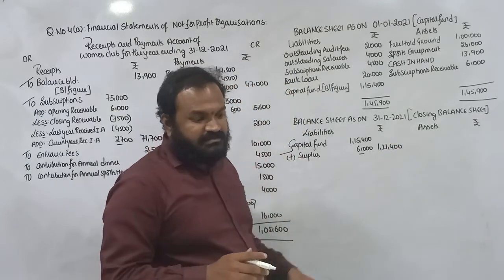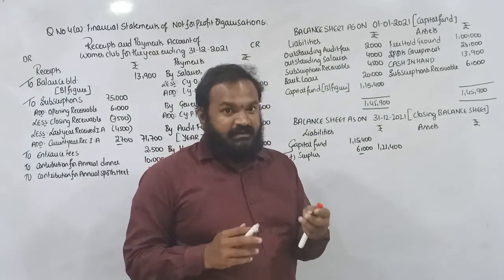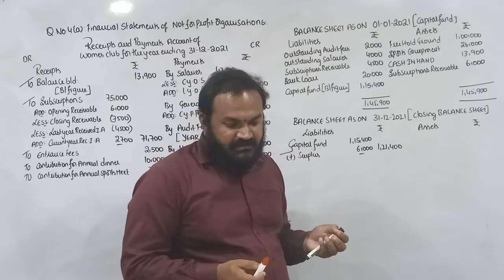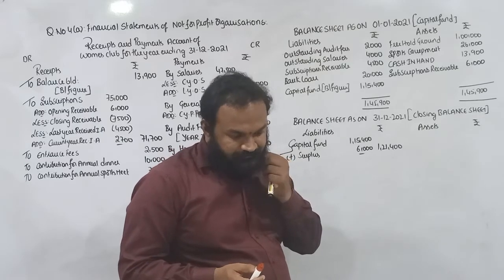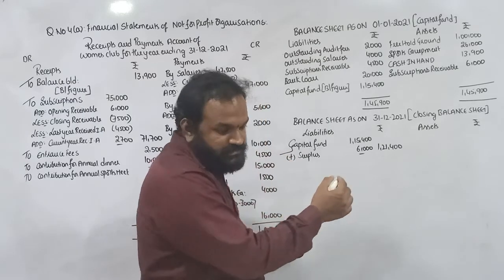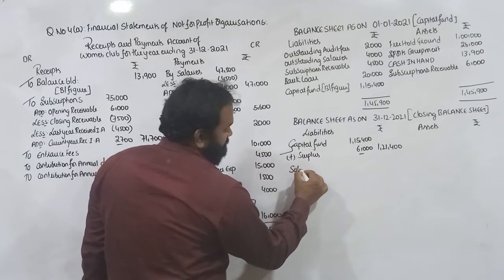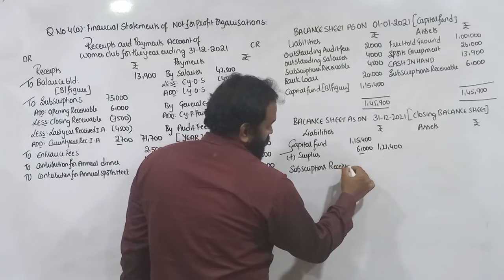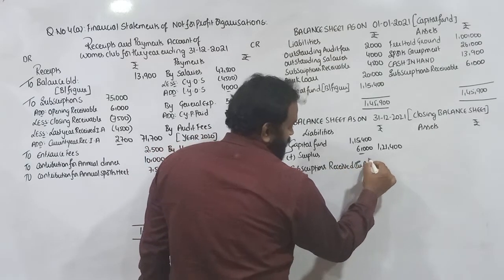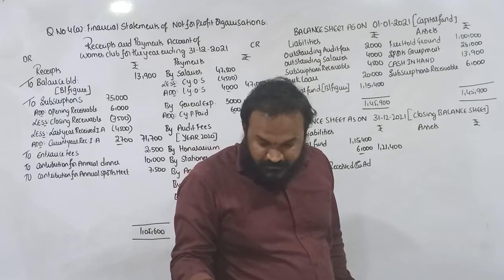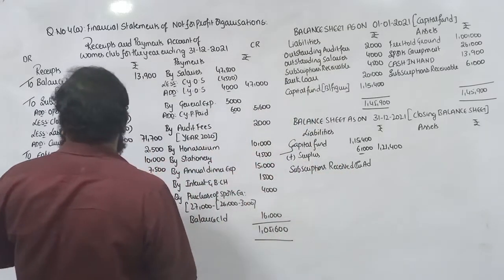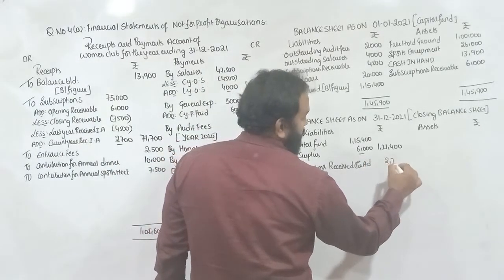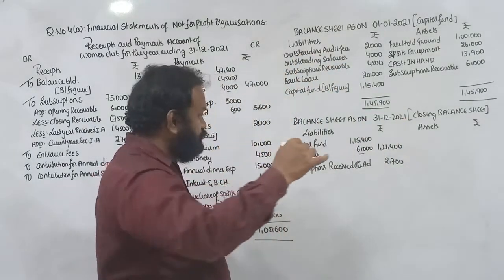121,400. Next, check if there is anything received in advance. Subscriptions received in advance is there, no? Right. Subscriptions received in advance. What is the closing amount of subscriptions received in advance? It's how much? 2,700. And this year audit fees has been due, no?